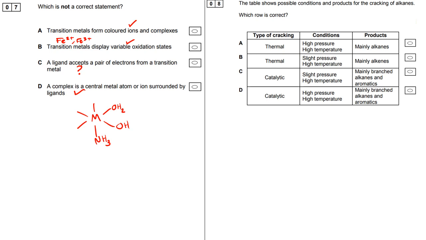So your ligands, again such as water or ammonia, have a lone pair of electrons. Transition metal ion, positive. A ligand will therefore donate a pair of electrons to the transition metal ion. So that statement is incorrect because it says a ligand accepts a pair. Statement C is incorrect, so answer C is correct.